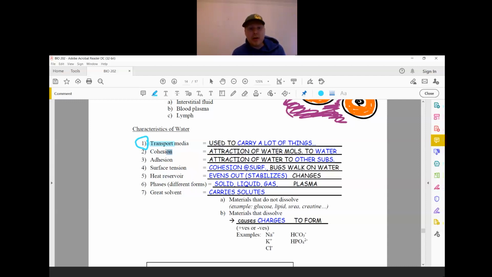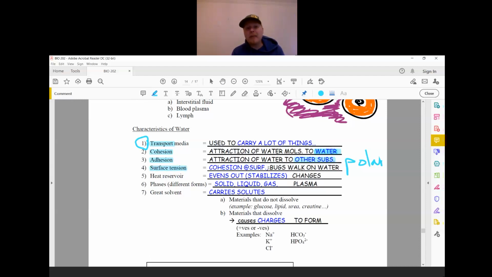Then two concepts: cohesion, which is the attraction of water molecules to other water molecules, and adhesion, which is the attraction of water molecules to other polar surfaces. Then we have the surface tension of the water, which is due to the cohesion at the surface.